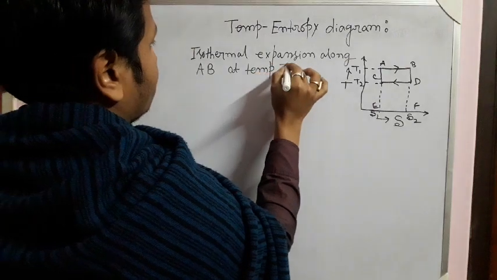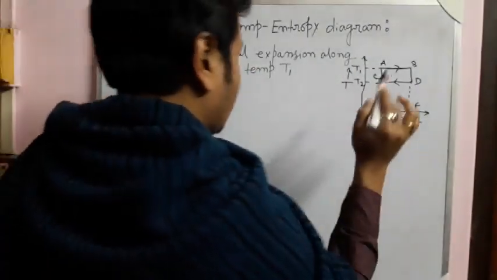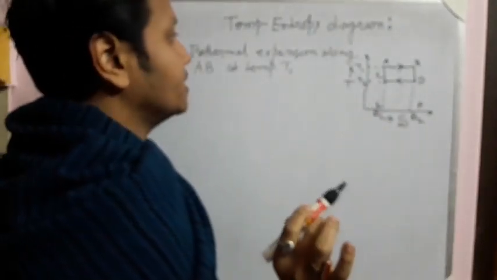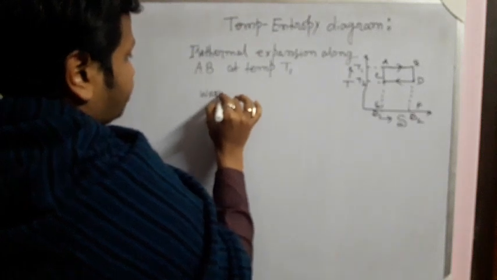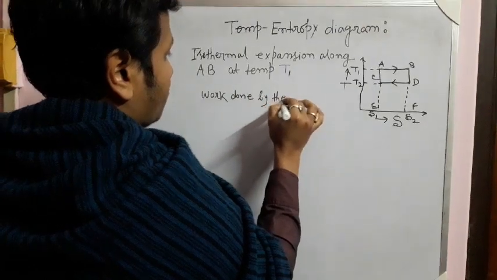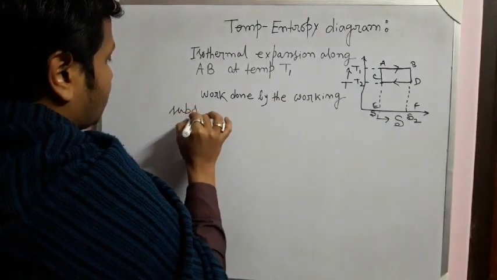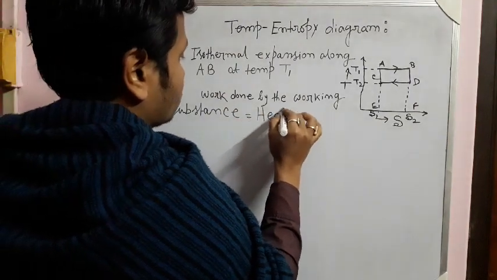That means it absorbs heat from the source at temperature T1, and we all know the condition here: the work done by the gas or the working substance is equal to the heat absorbed from the source.